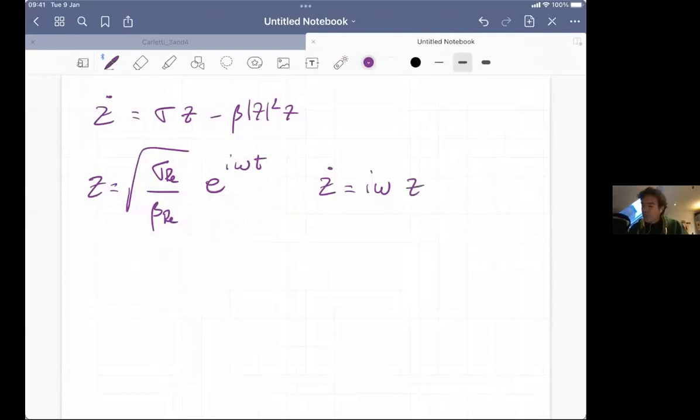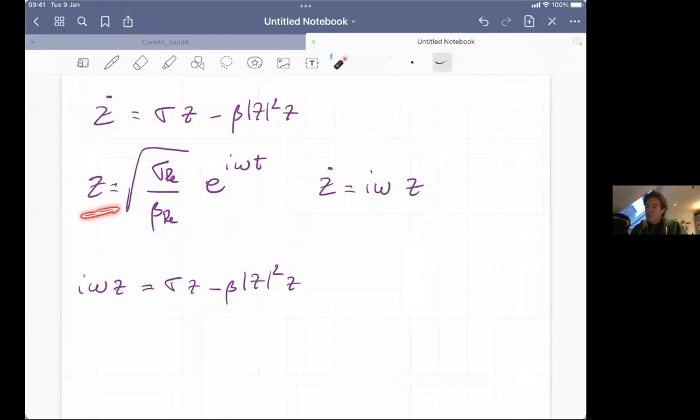So if you put this information in your equation, you have i omega z is equal to sigma z minus beta modulus of z squared times z. First of all, you recognize that z is not 0, so you can divide by z in this equation, and you remove z.